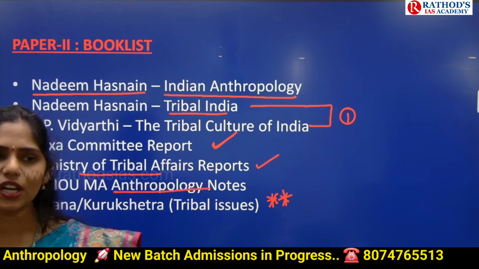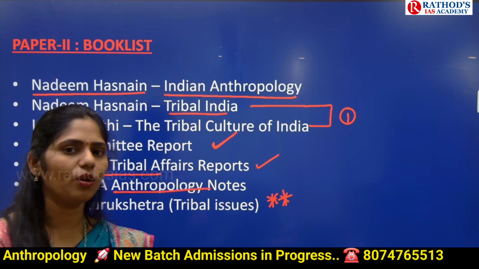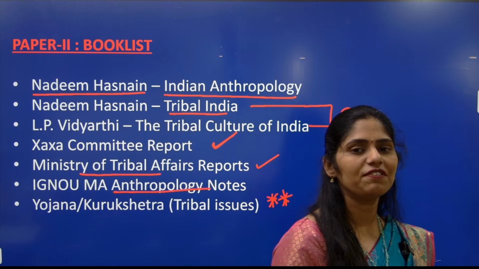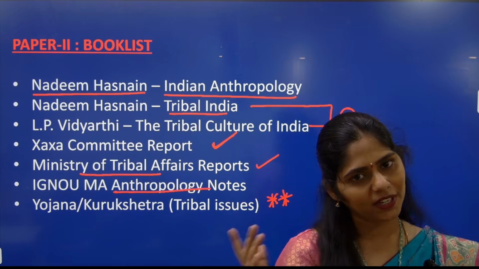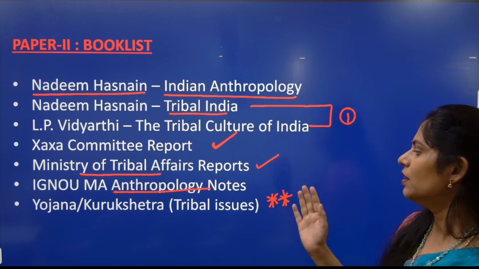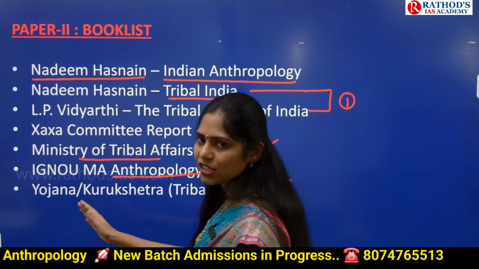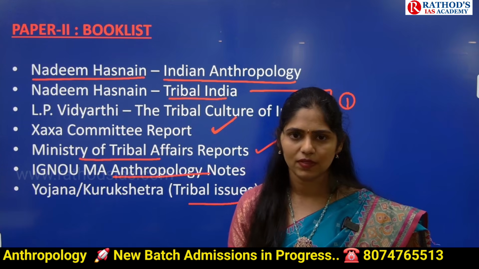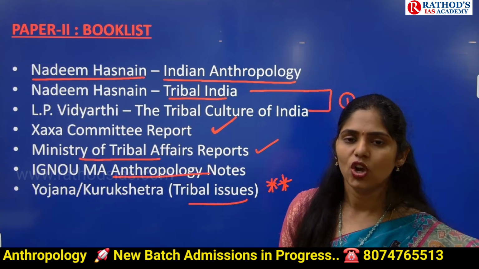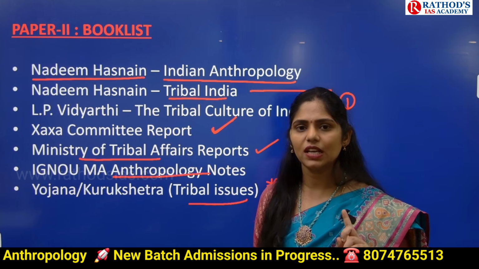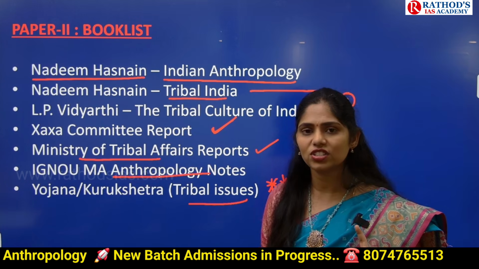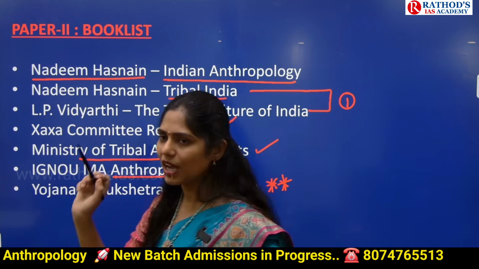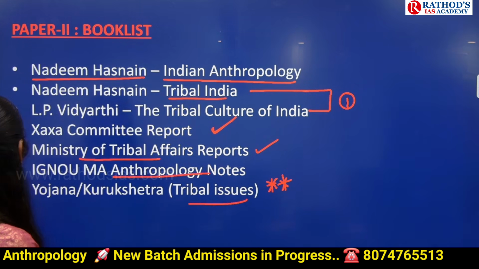These magazines take one topic and analyze it in multiple dimensions in different chapters. If any monthly issue of Yojana or Kurukshetra talks about tribal issues, then pick that magazine. While you are reading your 6th, 7th, 8th, 9th chapters, refer to the Yojana or Kurukshetra related to these tribes. Clear? So this is the book list that you have to follow for paper 2.